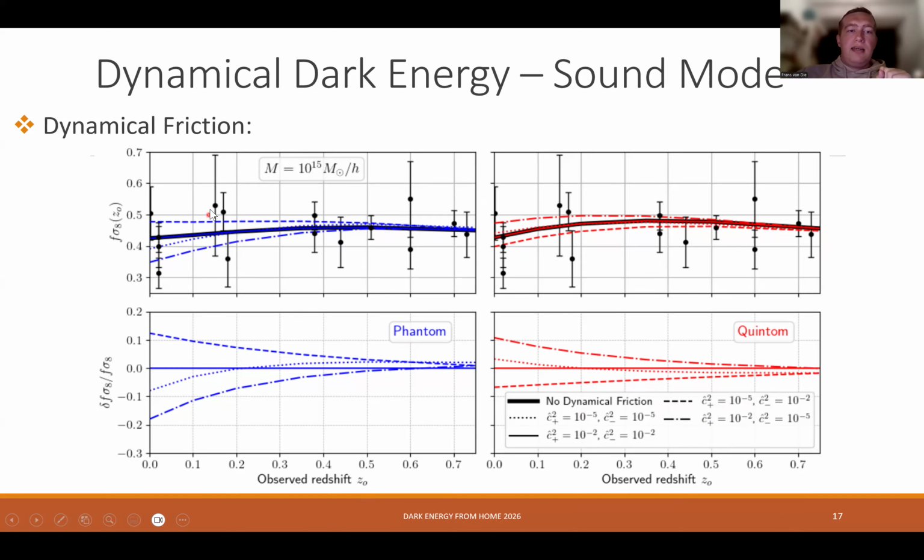And the data points here are not taken for the same sample. These are general growth rate measurements that are not tailored to this specific sample. So if one would measure the growth rate specifically for this mass sample, the error bars would in principle be larger. So we expect these measurements to be quite hard in order to find this effect experimentally. But in principle, this effect should be there.